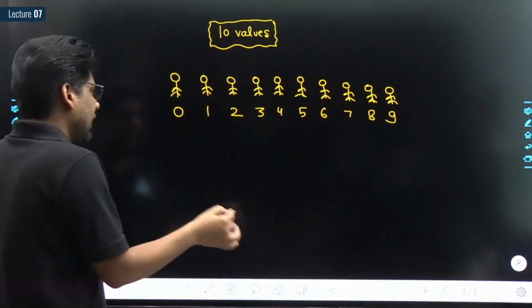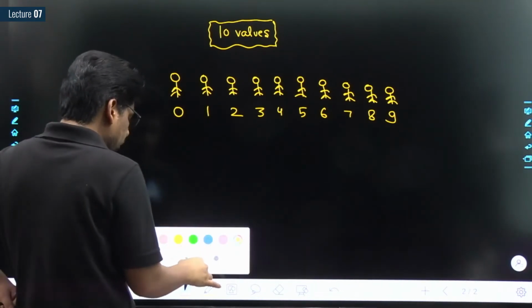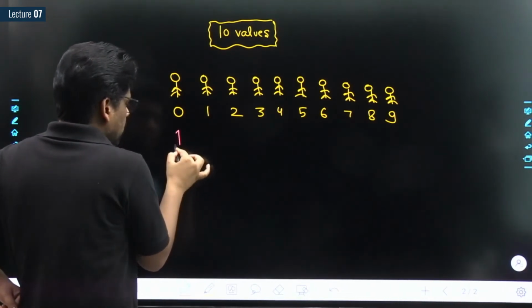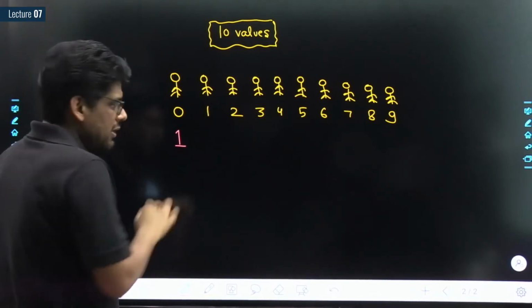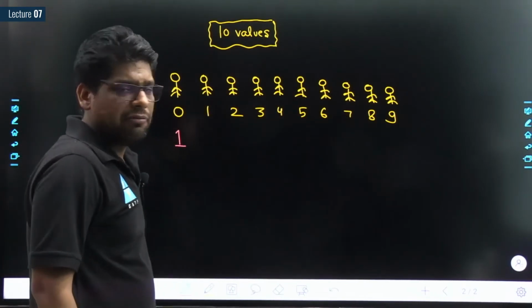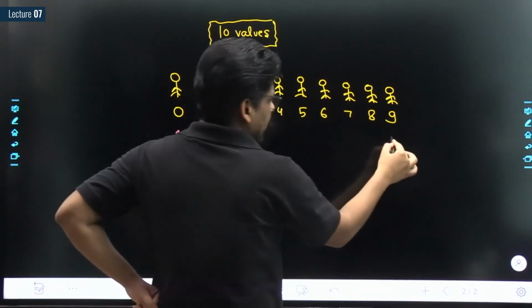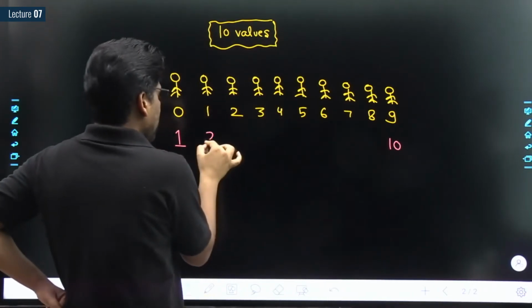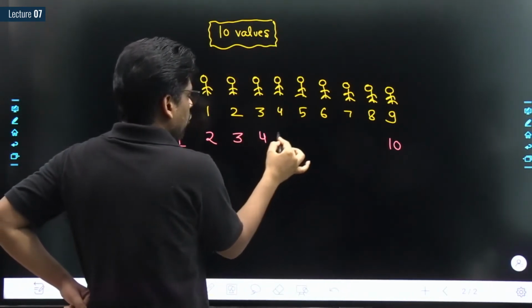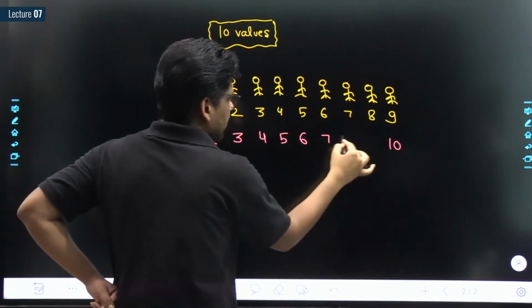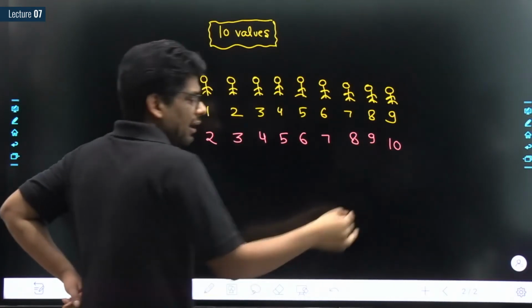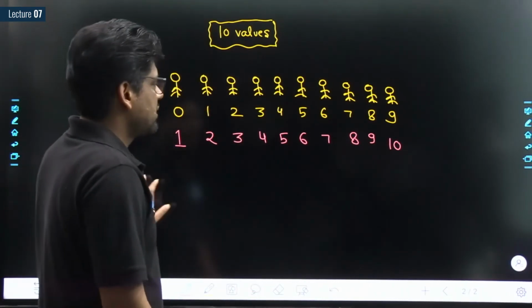But on the other hand, if you have started the counting from 1, then what is the last roll number you will allocate? Sir, 10. Sir, 1, 2, 3, 4, 5, 6, 7, 8, 9 and 10. Try to understand what I am saying.